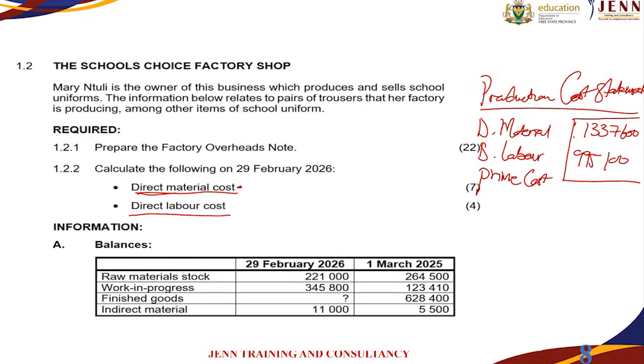So now, let's add them together just to see how much we are going to have as the prime cost. Because remember, in our concept, we also had the prime cost. So I'm trying to show you now how we calculate the prime cost. So when you add them together, they must add up to 2,332,700. So that will be your prime cost.